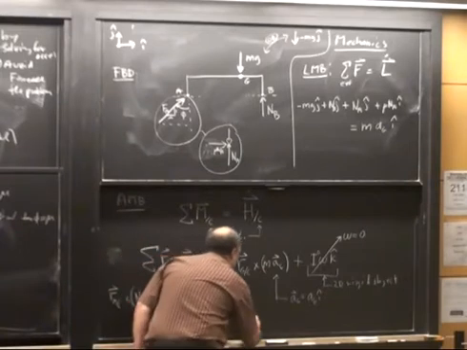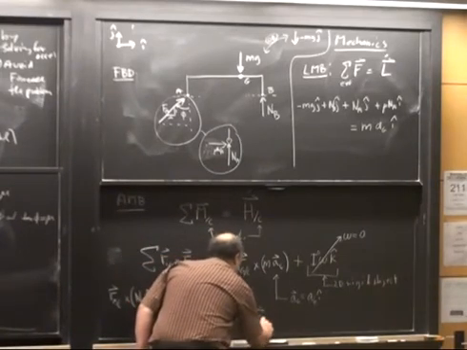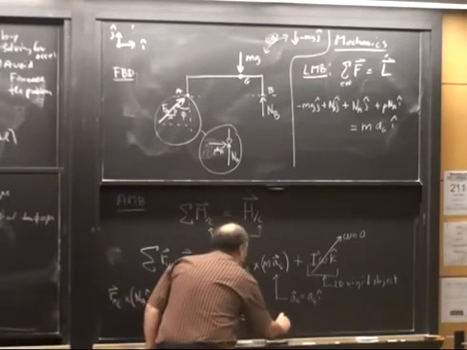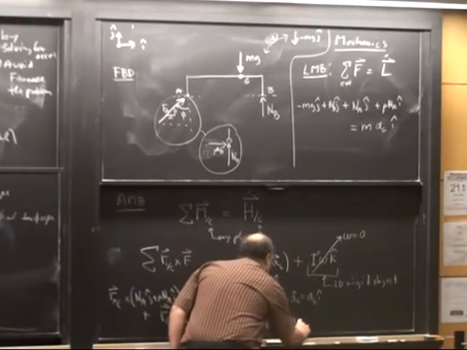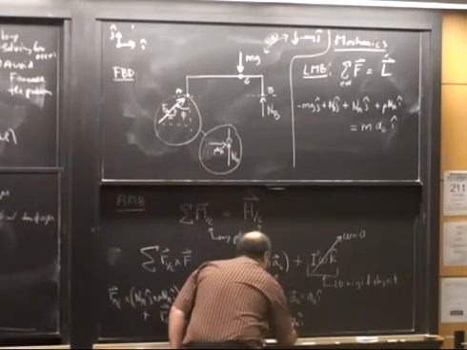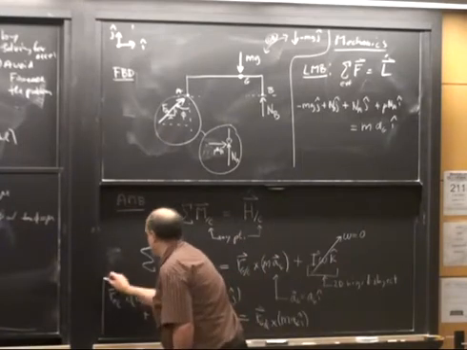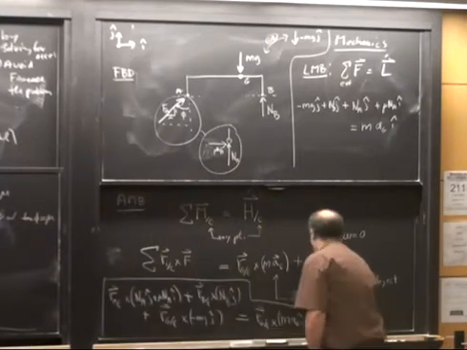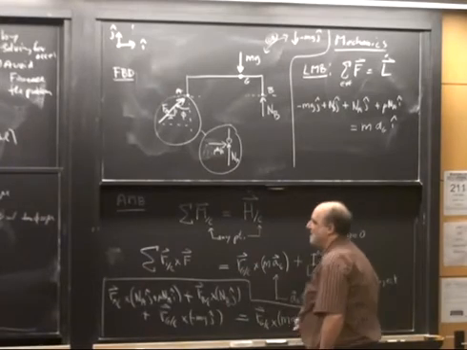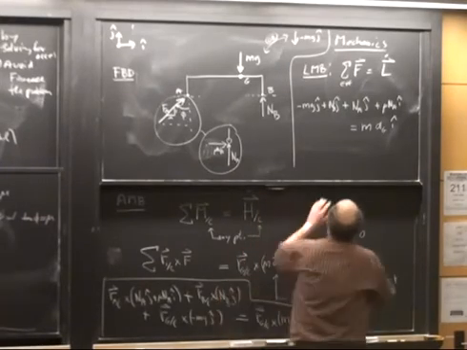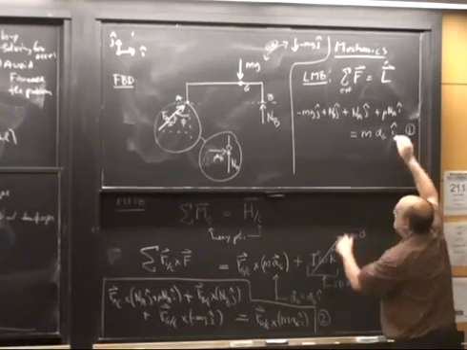And that whole thing then has to equal the position of G with respect to C crossed with mag i. So this becomes our second equation, and this is our first equation.